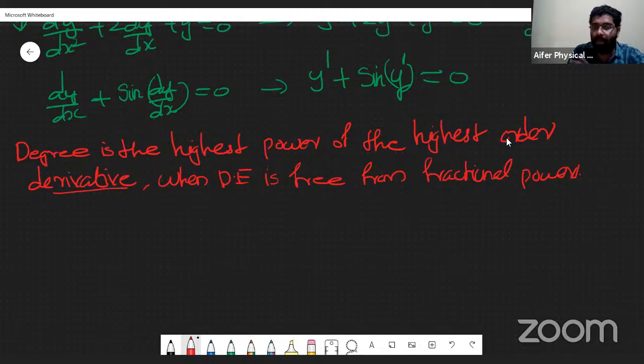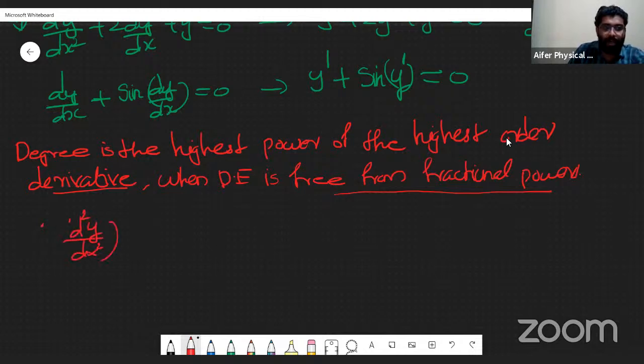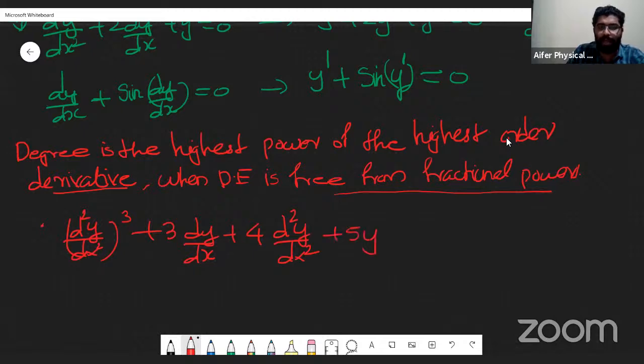Okay. The idea will be clear when we solve some examples. Please carefully listen to this definition. We should not have any radicals. It should be free from fractional powers. For example, if I give you this differential equation, d square y by dx square whole cube plus 3 dy by dx plus 4 d square y by dx square plus 5y equal to 0.